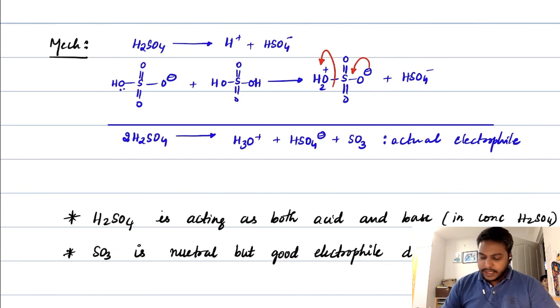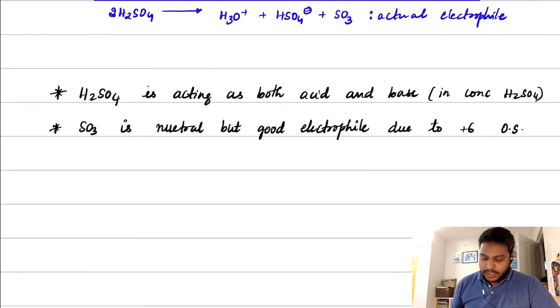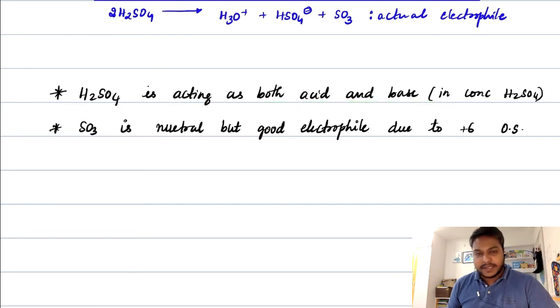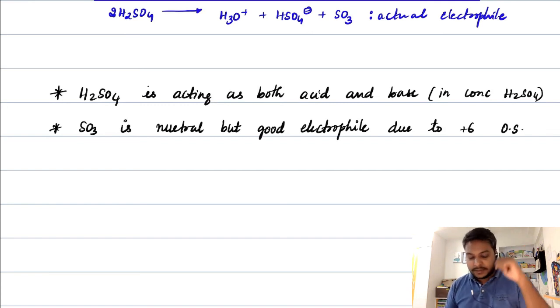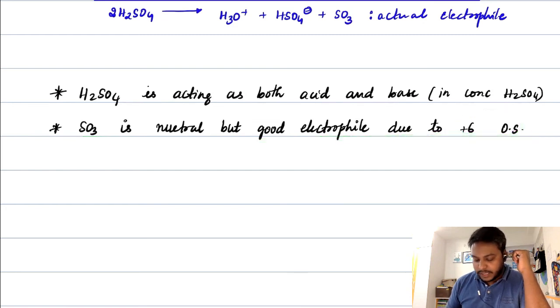Once we get SO3 here, that is the actual electrophile, and it is what is going to act on benzene in sulfonation. So H2SO4 is acting as both acid and base here, because one mole is giving H plus and the next mole is taking away that H plus. SO3 is neutral but a good electrophile due to its +6 oxidation state.